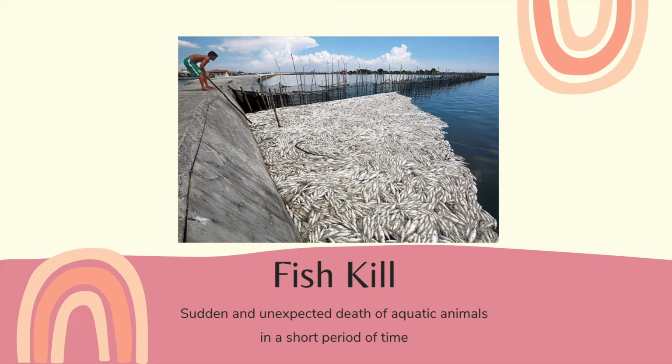That is why when water temperature rises or moving water becomes stagnant, aquatic species that have high oxygen needs may suffocate. One example of this is the event of fish kill, or the sudden and unexpected death of aquatic animals in a short period of time. Fish kills are commonly caused by suffocation due to the lack of dissolved oxygen.